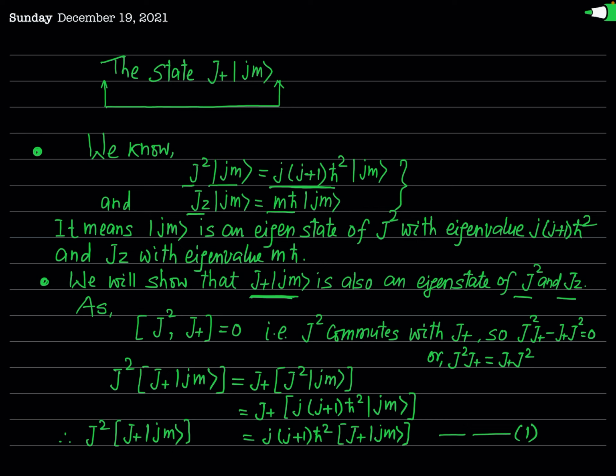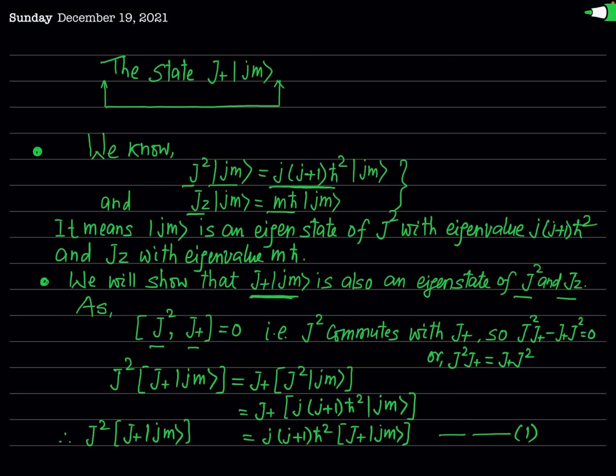Now as you have learnt in the previous lecture, the operators J squared and J plus commute with one another. When you say that J squared and J plus commute, what does it mean? It means the commutator of J squared and J plus is equal to 0.